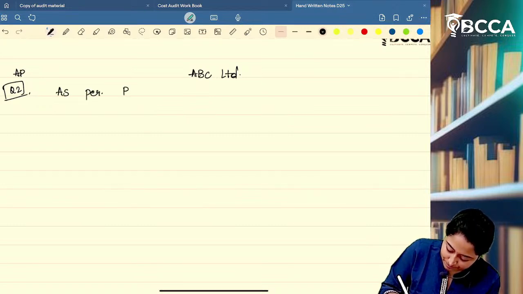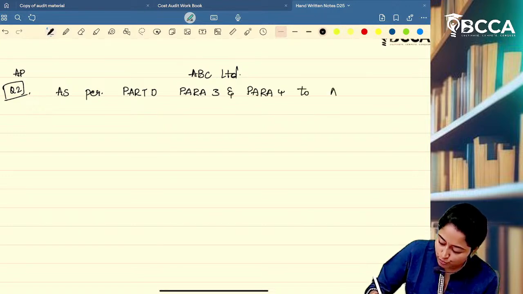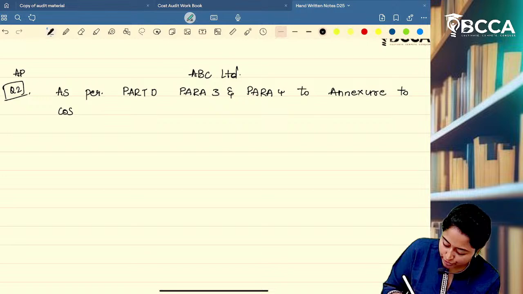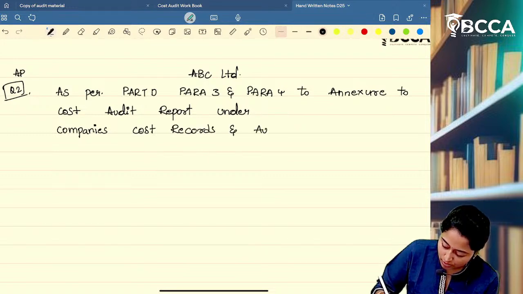As per Part D, Para 3 and Para 4 to annexure to cost audit report under Companies Cost Records and Audit Rules 2014.